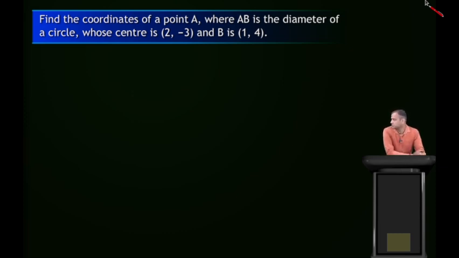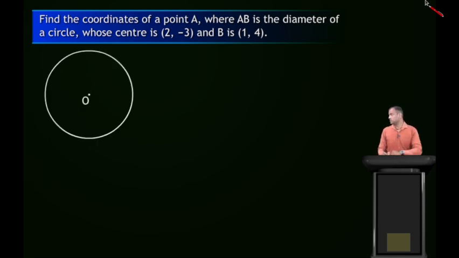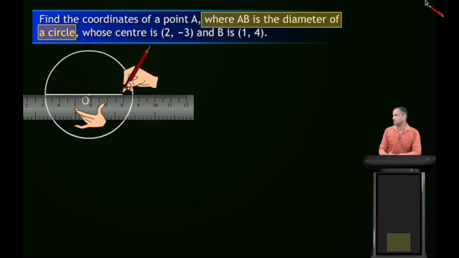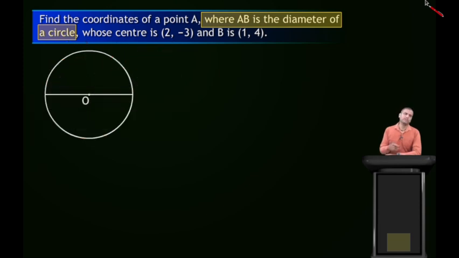Okay, now the next question is, find the coordinates of a point A where AB is the diameter of a circle whose center is 2 comma minus 3 and B is 1 comma 4. So let's see what is given to us. This is a circle and O is the center of this circle. We are already given the coordinates of O, and here AB is the diameter, and you already know that the diameter passes through the center and it is the biggest chord.